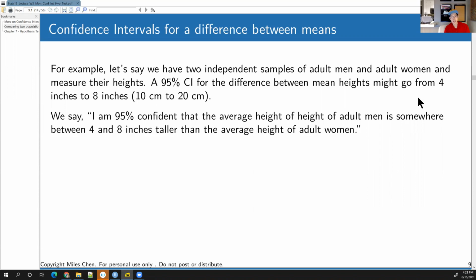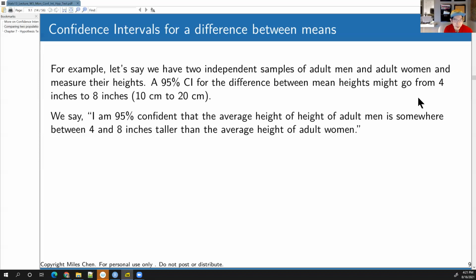So, it's a bit of a ridiculous idea, but think of the quote unquote average man, a man who is of average height and average weight and average whatever. And think of the quote unquote average woman, a person of average height and average whatever else.